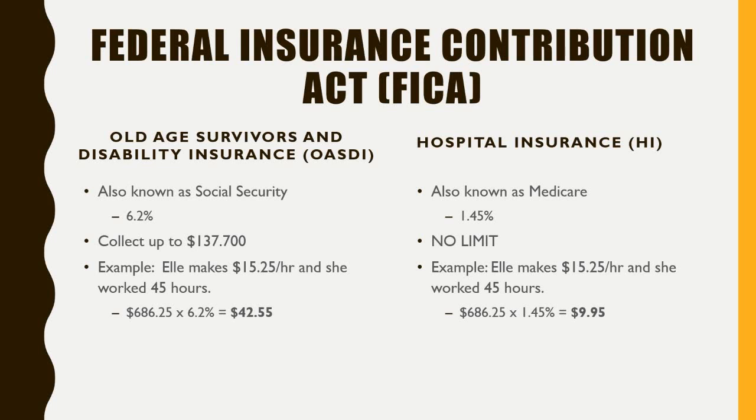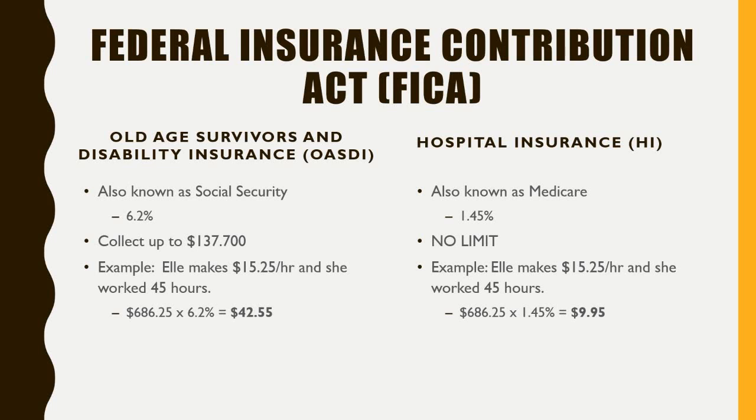This is before federal or your withholdings come into play. So with that being said, we're taking the total amount that she's earned. We're going to multiply it by 6.2% to get us a grand total of $42.55 that is contributing to her old age survivors and disability insurance, also known as Social Security.